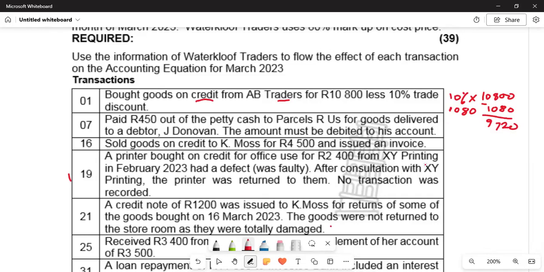That is the amount that we are going to record. So now let's see how we are going to record it.